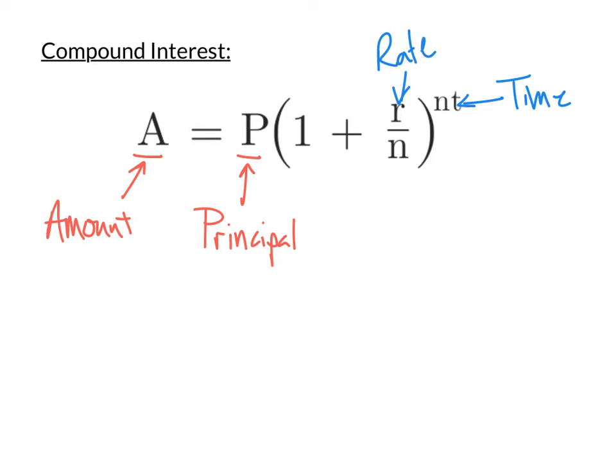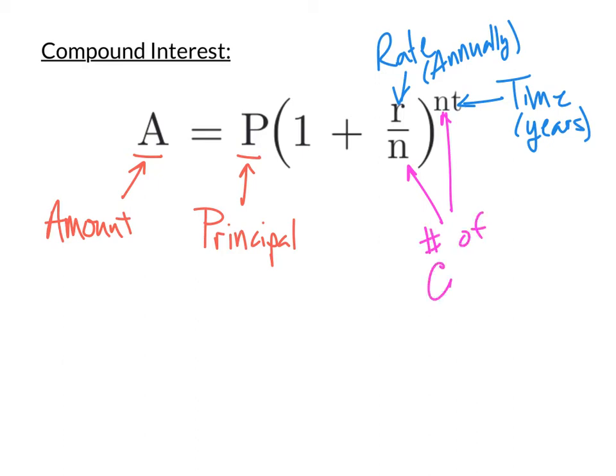But what is important is that that is annually, which means the time has to be measured in years. Now the one extra piece that's in this equation, it wasn't in the last one, are these two n's. Both mean the same thing: n is the number of compoundings.